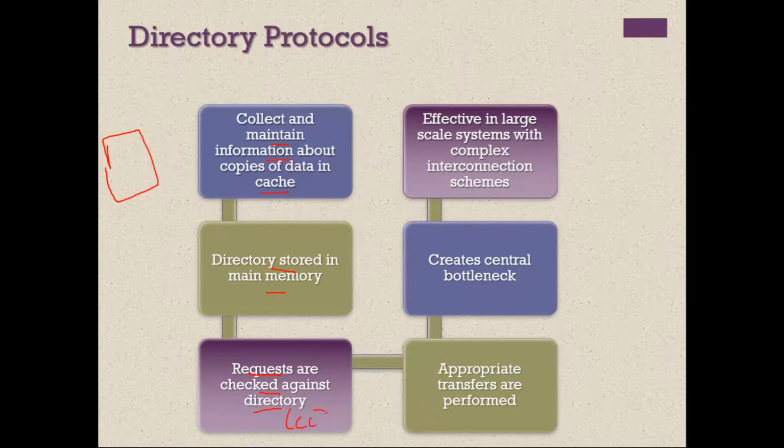Through the centralized controller, every request will be checked. Whenever a request comes to the controller, through the directory it can understand whether, if a particular processor says I want this data, it is available with some other processor or not.